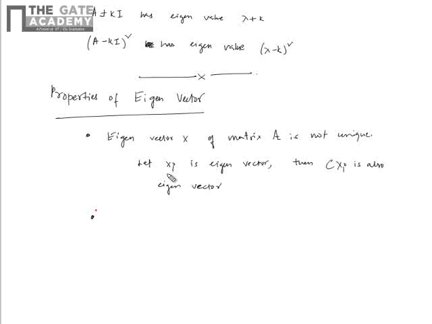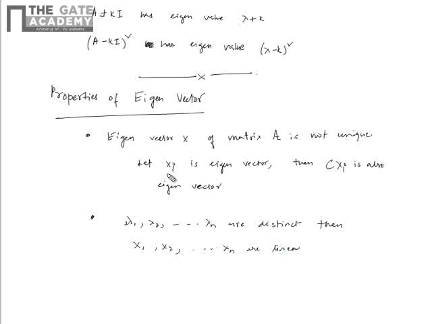And another property is that if lambda 1, lambda 2 and so on till lambda n, which are the eigenvalues, are distinct, then you can say that x1, x2, ..., xn are linearly independent.